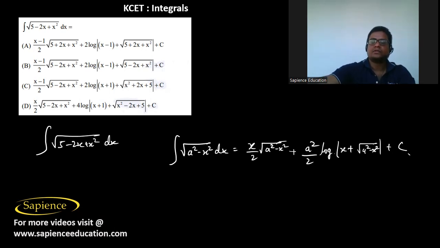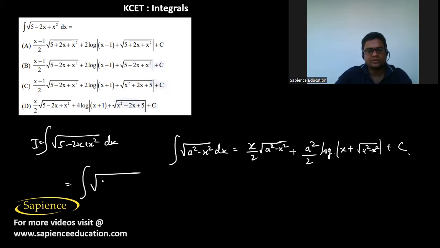Okay. So here you can see this is the integral we have to find. So now this can be written as integral square root of 5 minus 2x plus x square, and write this as x square minus 2x plus 1 plus 4 dx.